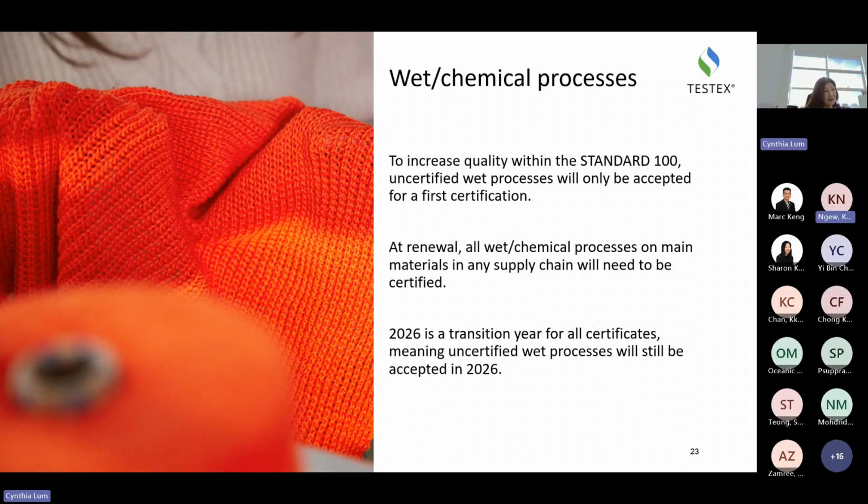If you are buying, say, gray fabrics from this supplier, and then you are using the gray fabrics to do further wet or chemical processing, then there is no need for that facility to be certified, because it is only gray fabrics.